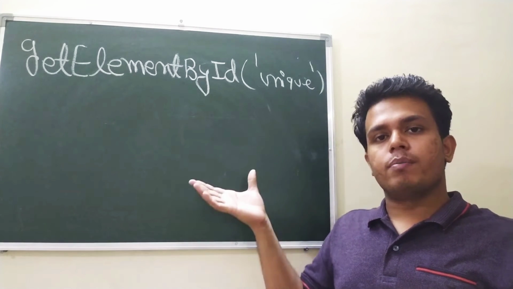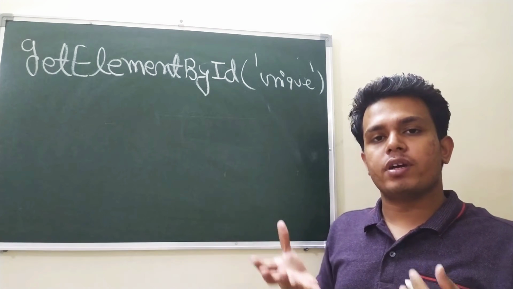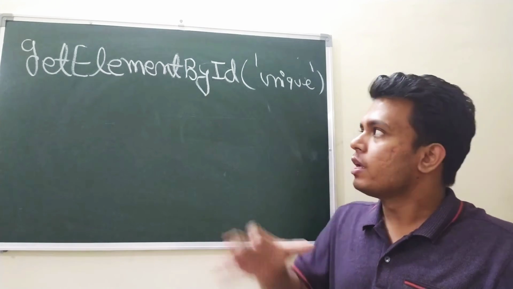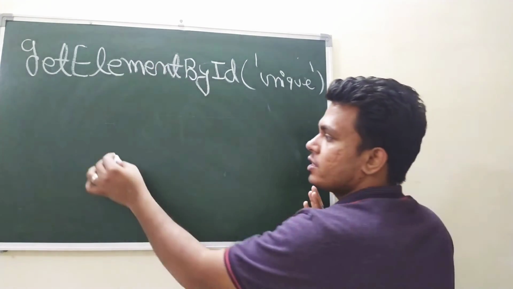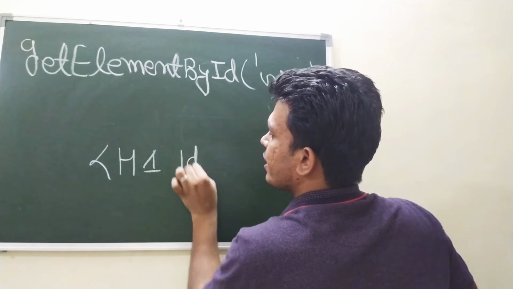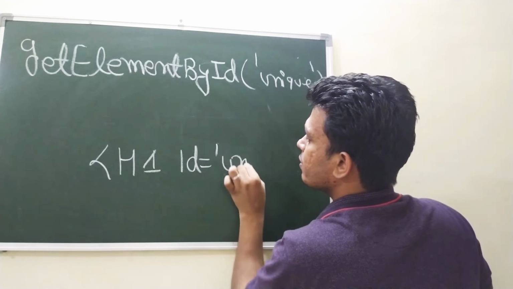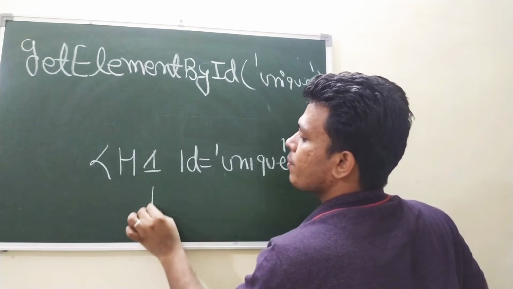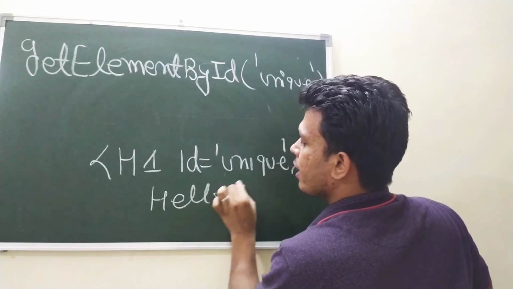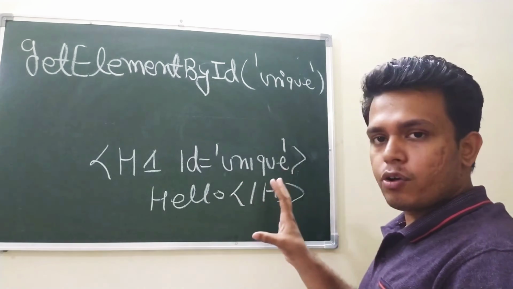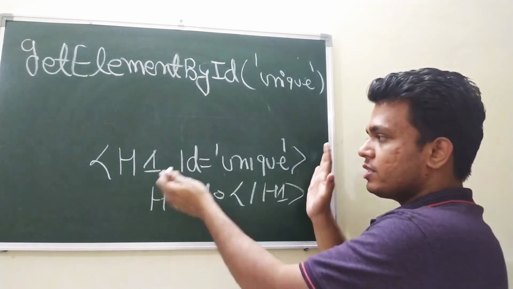Actually, it is one of the most used APIs of JavaScript, which can help us to manipulate the DOM. Suppose you are writing an HTML tag here, like H1, and you are writing an ID equal to unique, right? And suppose there is some data, hello, and you are now closing your H1 tag. Cool. So that is how you write in an HTML page. This is a static page.